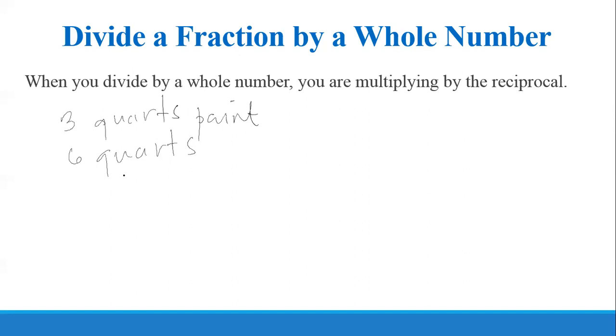So we divide 6 by 3, and we get 2. You can also multiply 6 by the reciprocal of 3. So the multiplication problem becomes 6 over 1 times, wait, let's fix that.